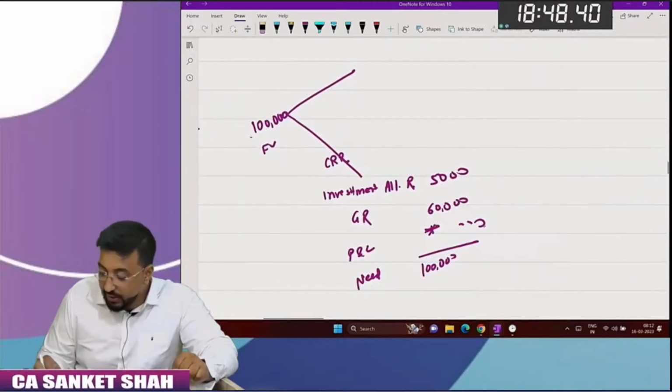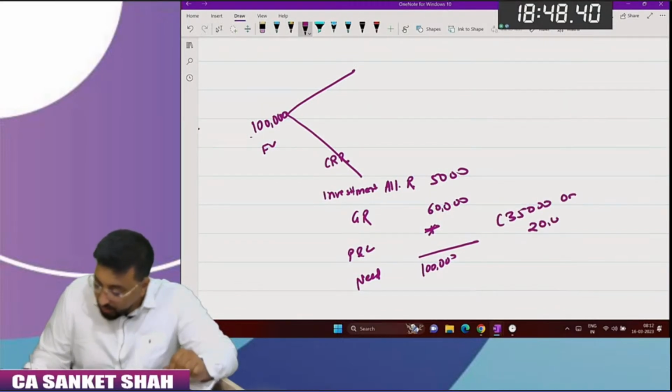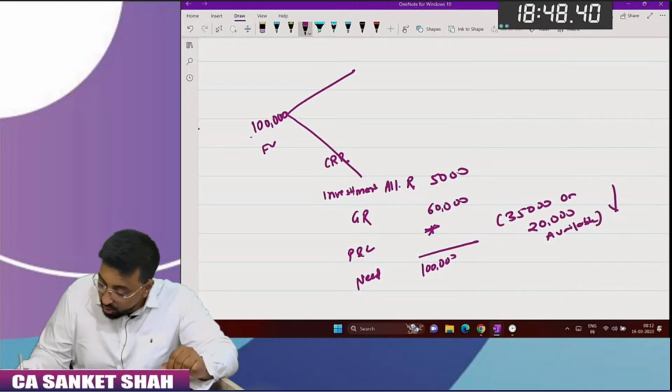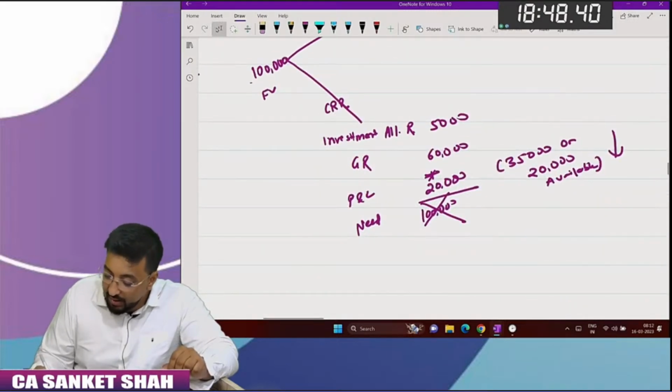P&L, Beta, 20,000. Sorry, we want 35,000 or 20,000 is available, whichever is lower. So we have only 20,000. So 1 lakh is not possible. So what is the balance? Need 1 lakh.